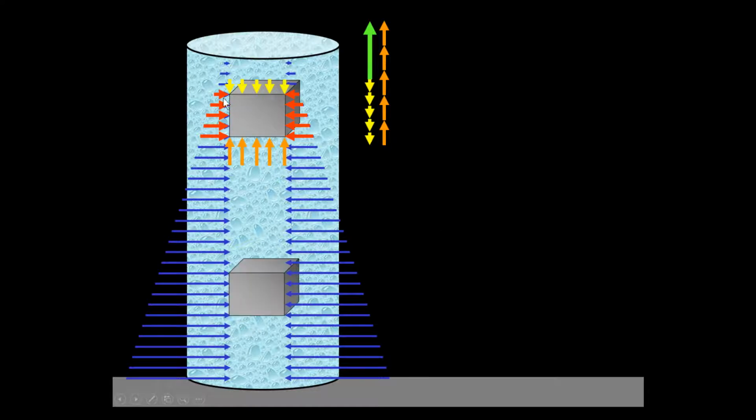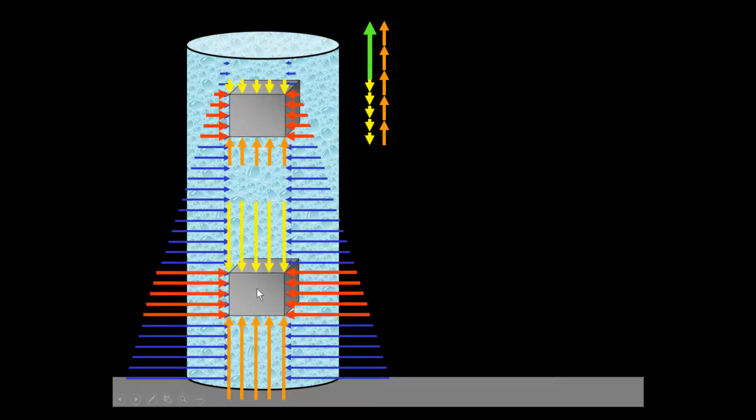Now, if that object were submerged deeper, what do you think would happen to the buoyant force? Do you think it would increase, decrease, or stay the same? Now that you've guessed, the answer is it will stay the same. And that's because pressure increases linearly.